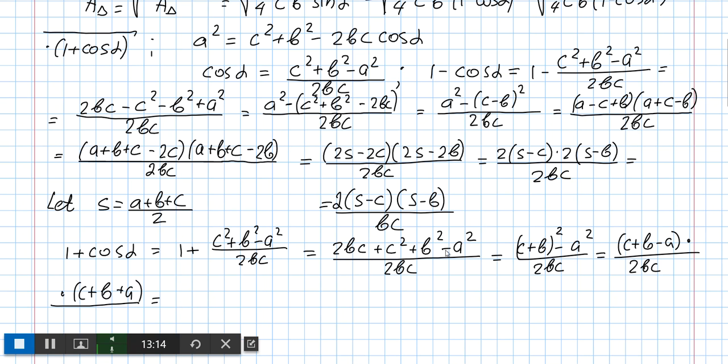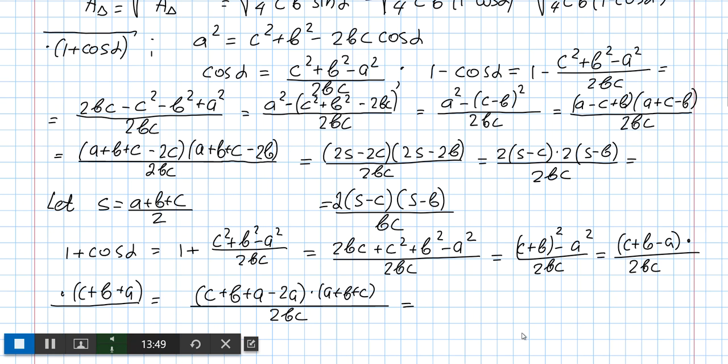So now what I do is the same trick as before. This is c plus b plus a, but then I have to subtract 2a. And in the next expression in parentheses, I already have a plus b plus c. I don't need to do anything. I write a plus b plus c and divide by 2bc.